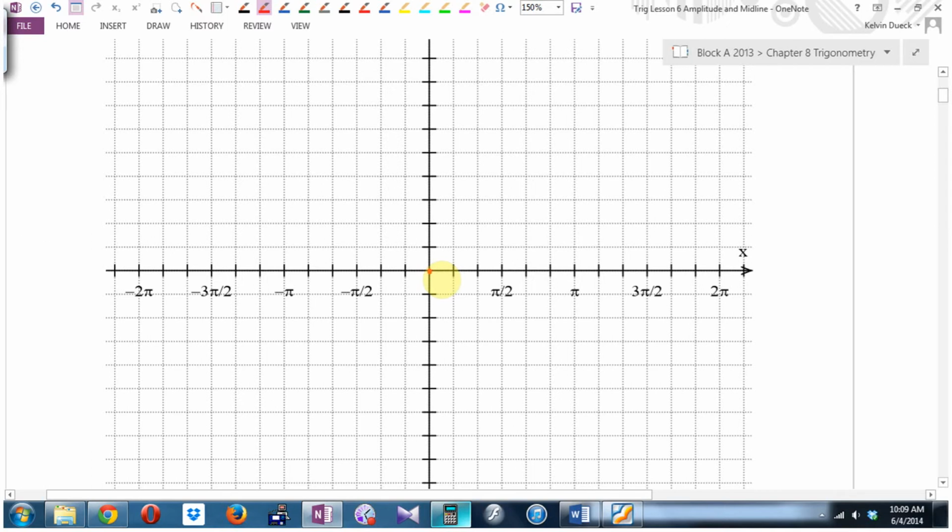Does your graph go through 0, 0? Yes. Okay. And I know that its period is 2 pi. It repeats itself every 360 degrees. In other words, I know it goes through 0, 0 right there as well. So far, so good.